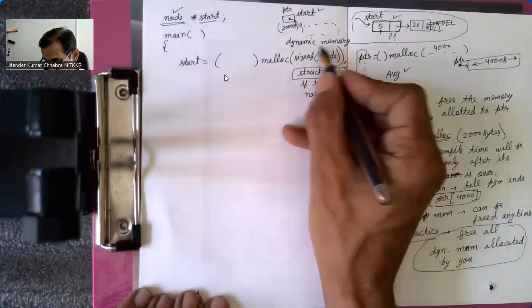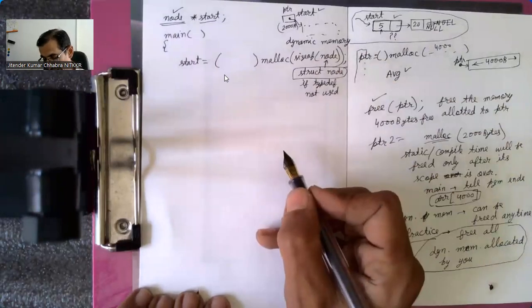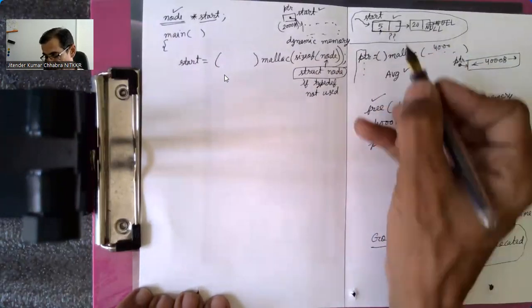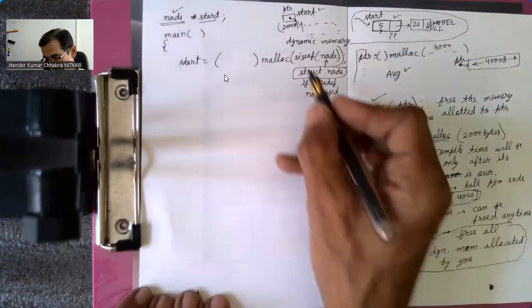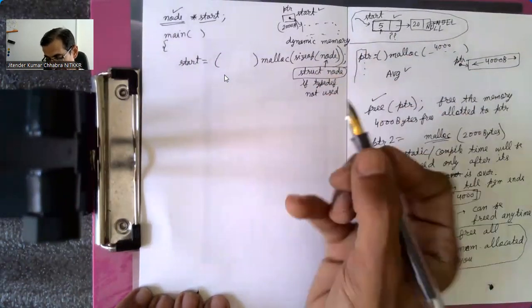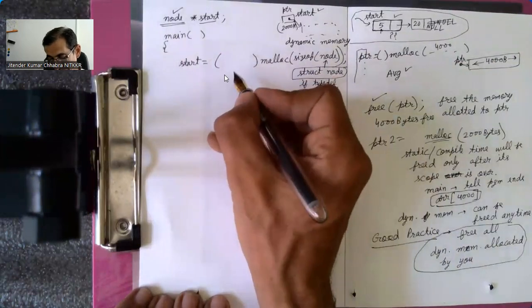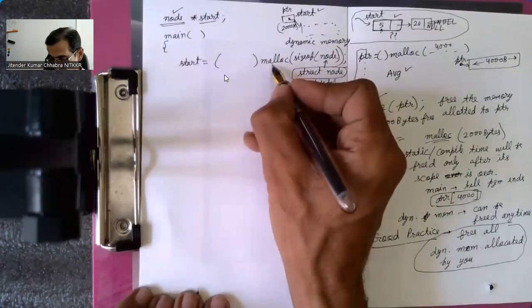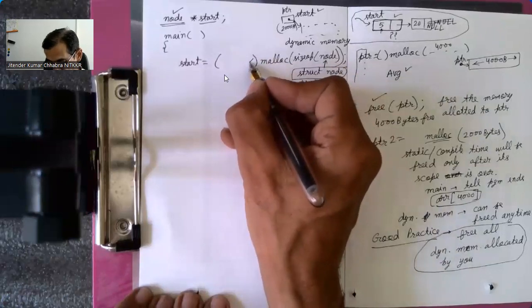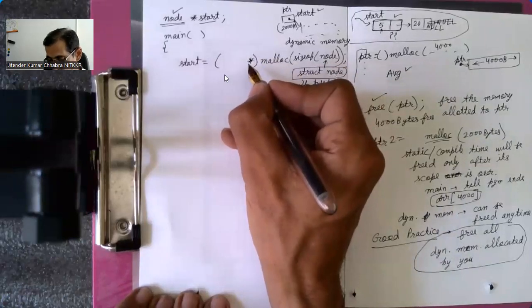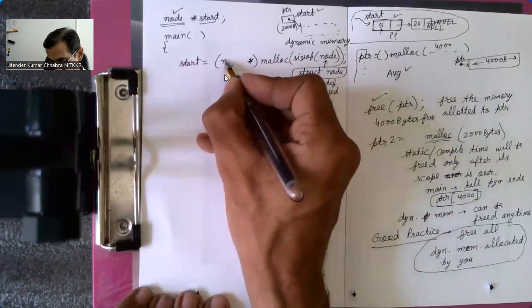So this sizeof node will tell, let's say I need 20 bytes, 40 bytes, whatever the node requires. One node only, so one into this, or by default it is one. So n I am not writing, one node is created at a time. Here, typecasting: this is a memory of void type. It is to be considered as a pointer, definitely of node type.